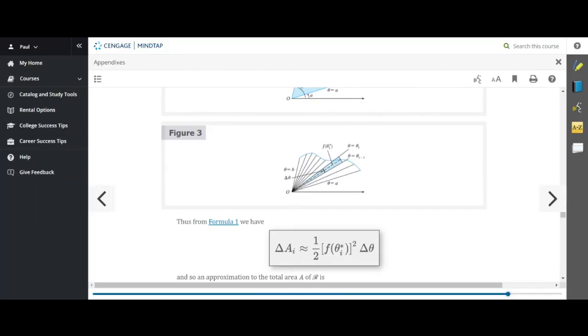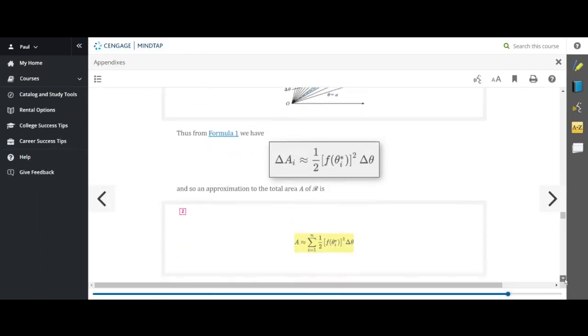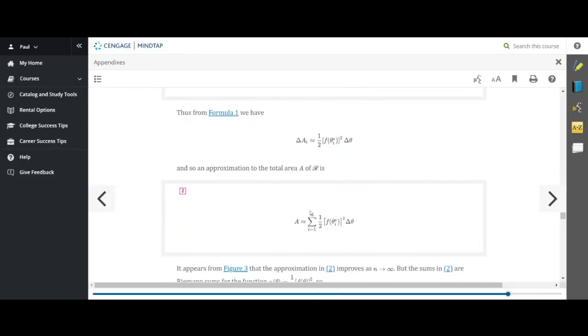Well, r is a function of theta, because it's based on r equals f of theta. So we're going to add up all those little areas, and that's going to get us this Riemann sum. And as n goes to infinity, as we divide the area under the polar curve more and more, we'd be adding a lot of areas for different circles or sectors of circles.